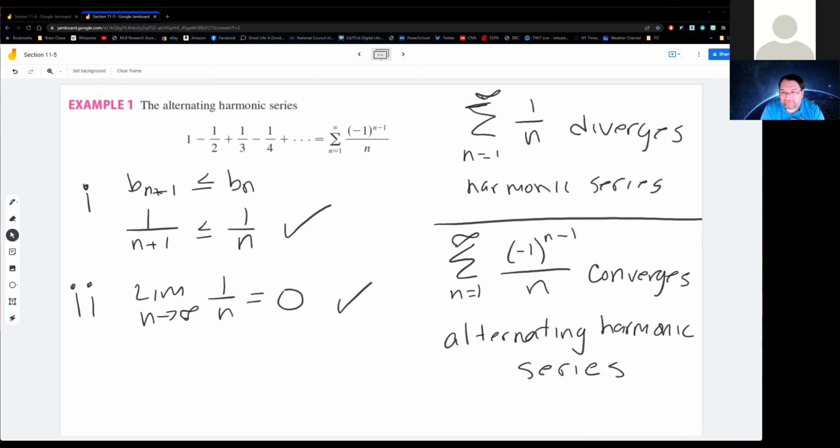So the harmonic series diverges, but the alternating harmonic series converges. Yes, it's crazy like that. And that's going to come into play next class.